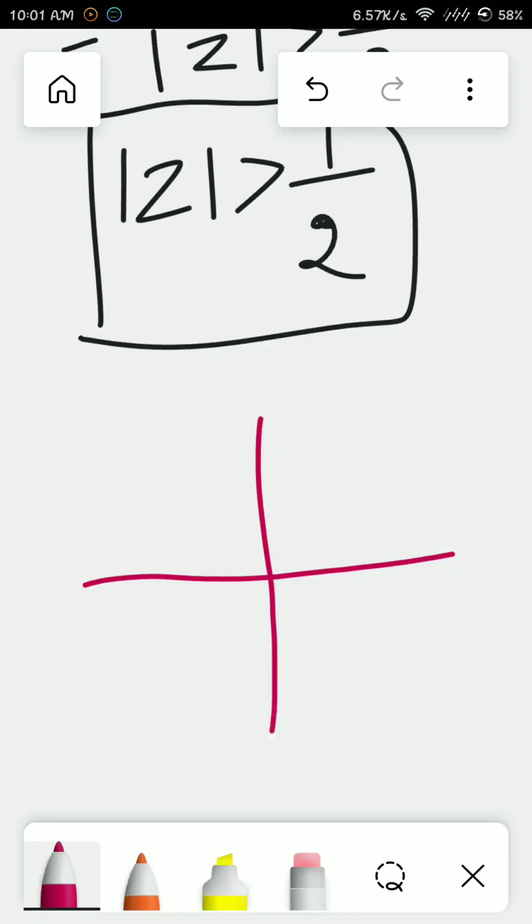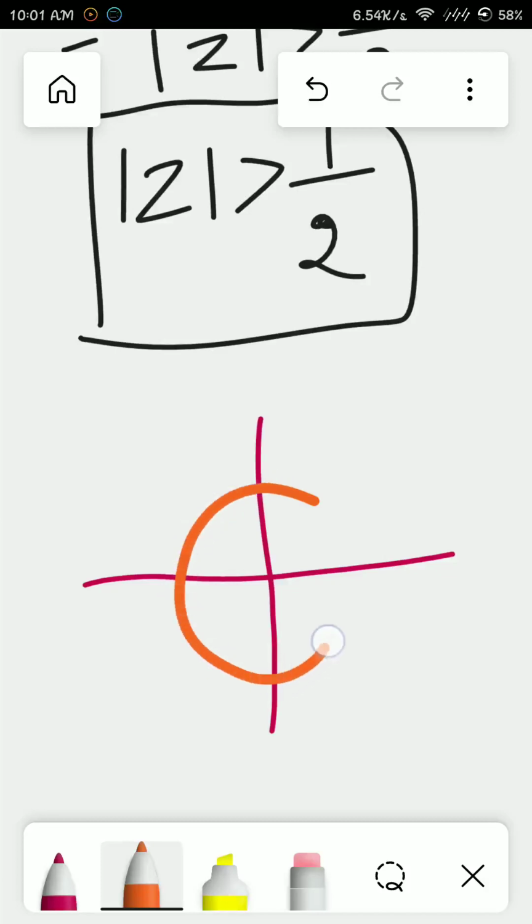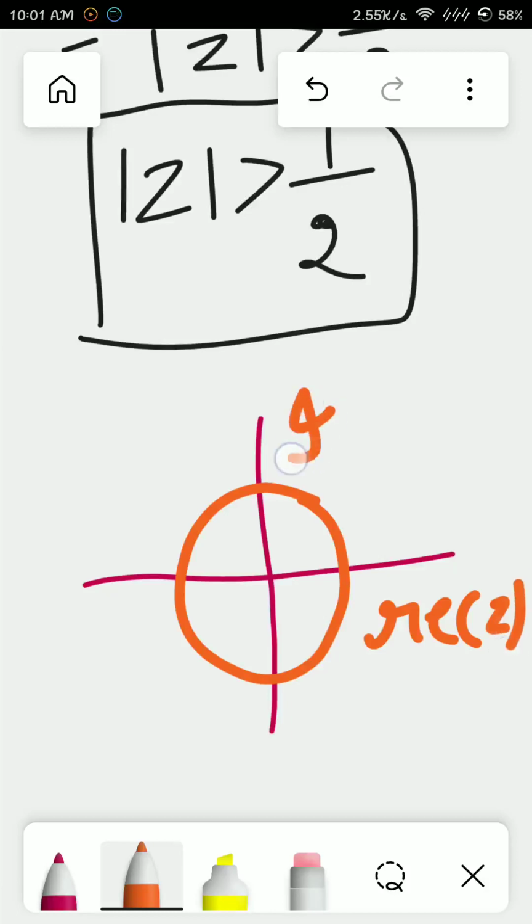What I have to draw is a circle centered at the origin of the z plane, and this is my real of z, and this is my imaginary of z, right?